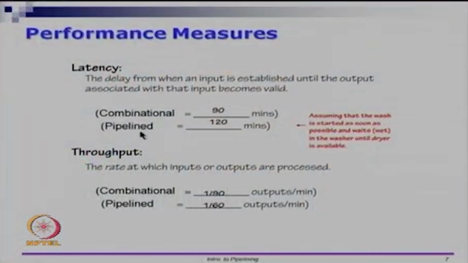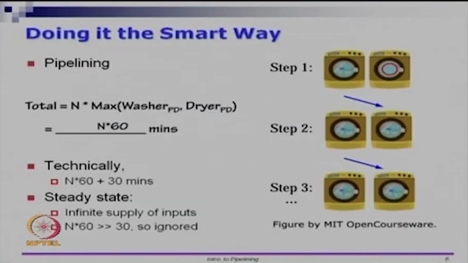Whereas, if I do it in a pipeline manner, let us go back to the picture. So, if I take a load, then I put it for wash, which takes 30 minutes, but let us say I start wash and dry at the same time step, at time step 2 I have taken the first wash and I put it here, and I have taken a new load and put it for wash. Right.